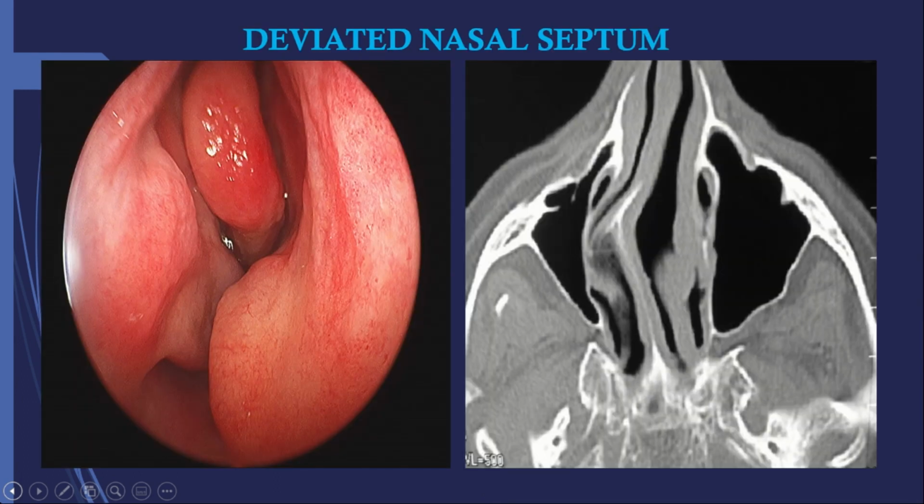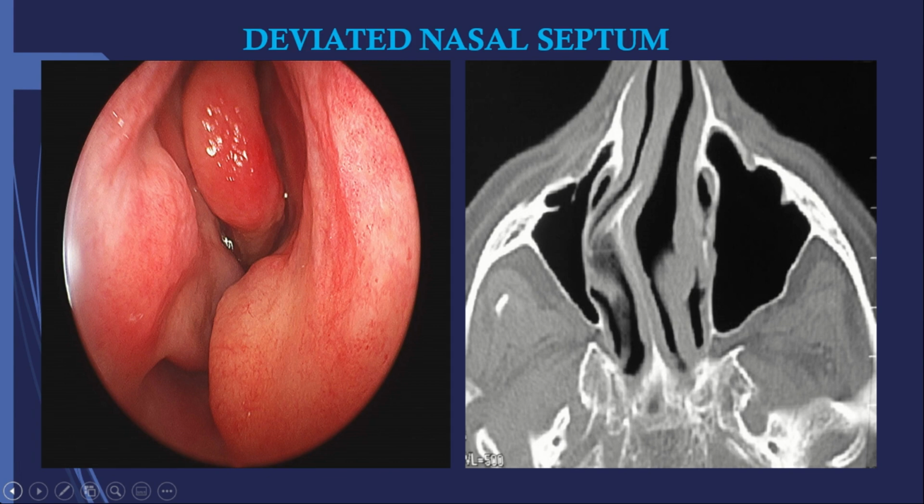Now, here is a picture of a deviated nasal septum along with a CT scan of the sinuses and the nasal cavity. The picture itself shows a deviation of the nasal septum inferiorly towards the right, while the other swelling visible right in front is the middle turbinate, and below the middle turbinate on the right side anatomically is the right inferior turbinate.